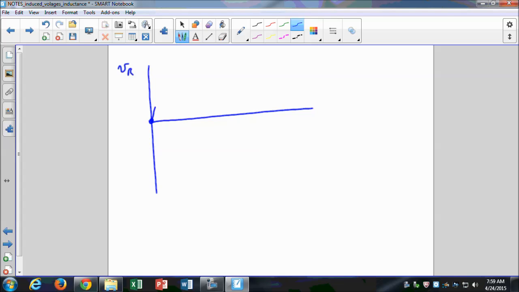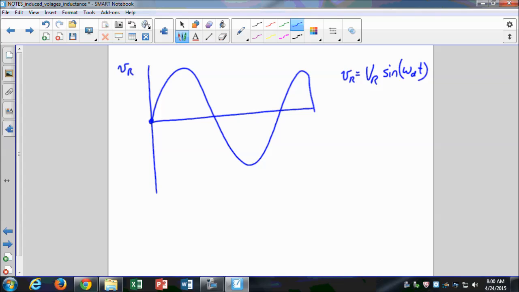Say it starts at 0. Remember, my function for VR is equal to big VR times sine omega d t. Okay, so I started at 0 because sine of 0 is 0.